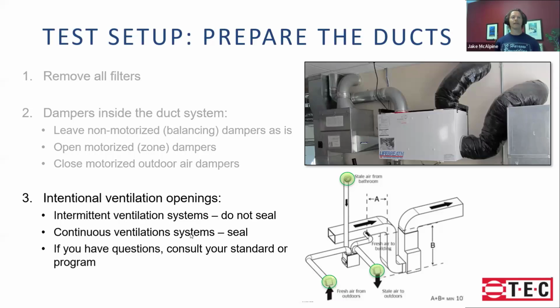If you have something that is designed to continuously be running, then you can seal that up. The picture on the bottom there is showing an ERV or an HRV that's installed in a system. You'll have a fresh air intake and an exhaust that exhausts the stale inside air out. Those are two that, if that's set up to be run continuously, you would want to seal those as well.